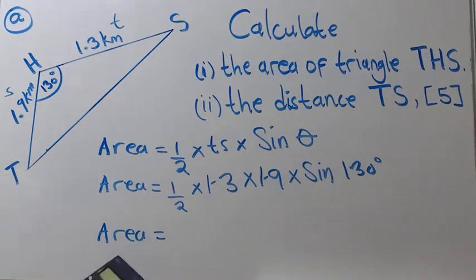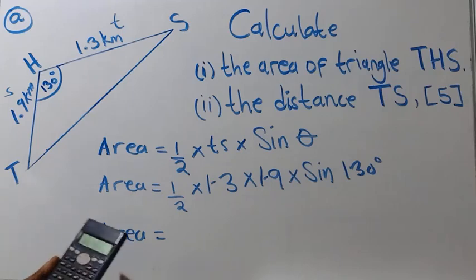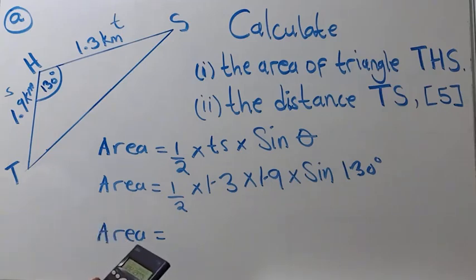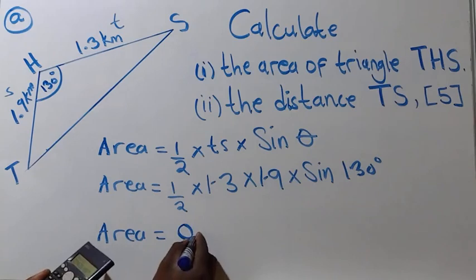So I'll say half times 1.3 times 1.9 times sine 130. Be very careful as you are working this out. I'm getting 1.891, something like that, and then I'll divide by 2. So this is my answer that I'm getting, 0.946064887.